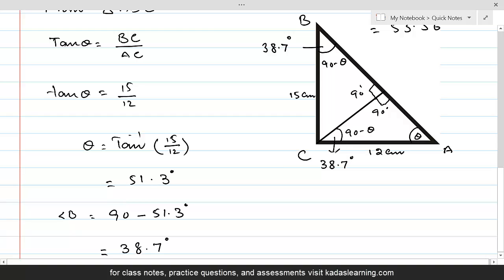These are the acute angles, and again this angle, being the complementary angle of angle at B, is equal to theta, which we already have the value for, that is 51.3 degrees. So this way we have found all the acute angles of triangle ABC.